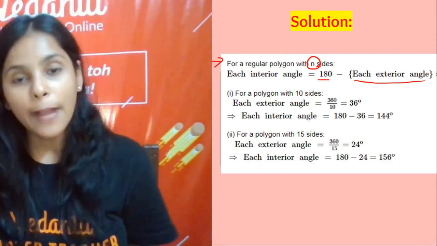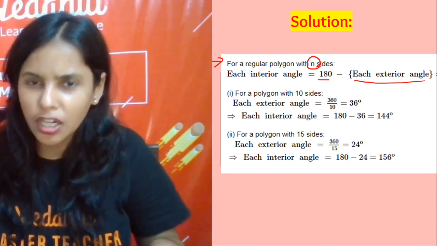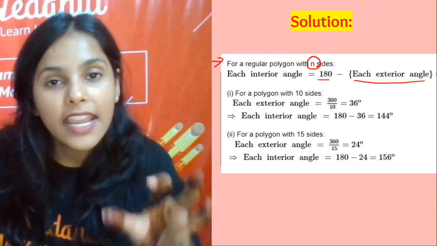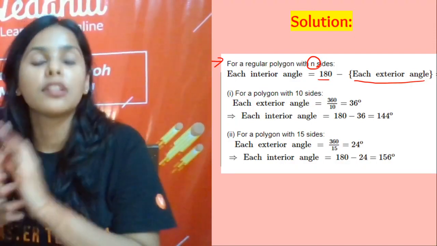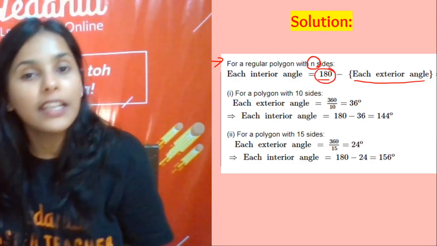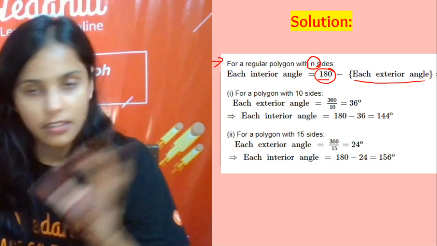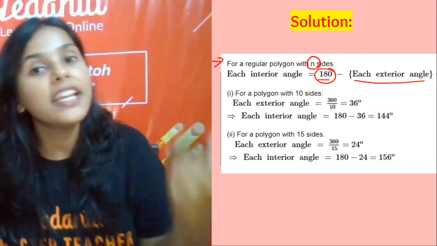If you want to find each interior angle, you need to know the measure of one exterior angle, and just subtract it from 180, and you will get each interior angle of that polygon with n sides. I'm talking about n sides, any polygon.